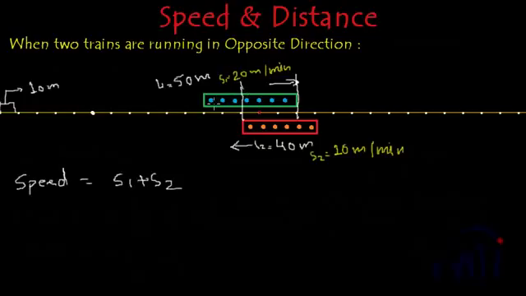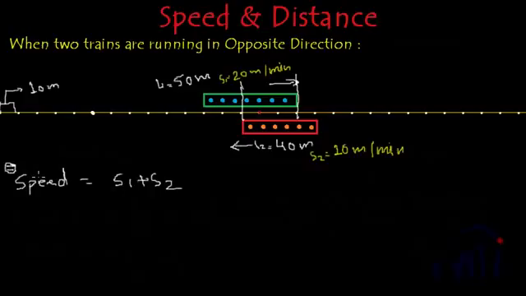In 1 minute, the green train is supposed to travel 20 meters and the red train is supposed to travel 10 meters, but actually they have covered 30 meters of each other. That means the speed at which they are crossing each other is equal to the sum of both the speeds. So this will be the new speed at which they are trying to cross each other, right? Which will be the sum of both the speeds.